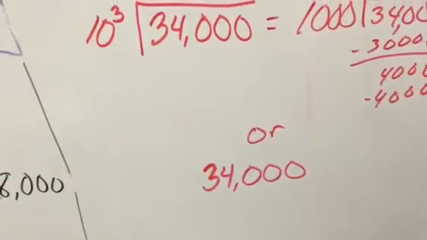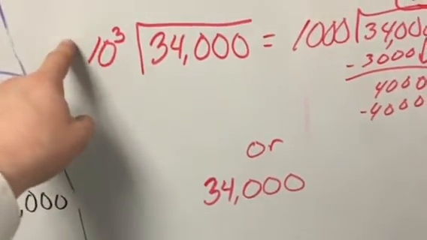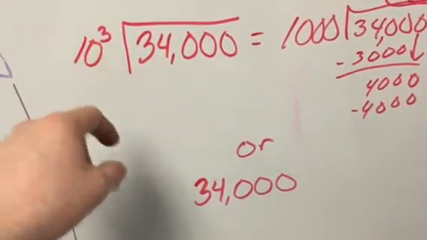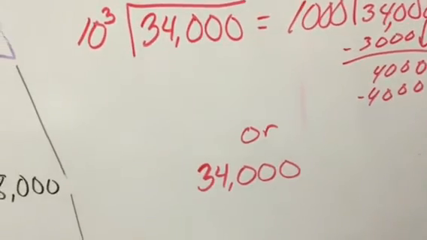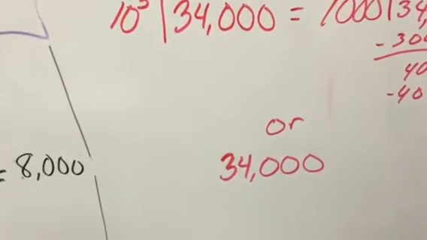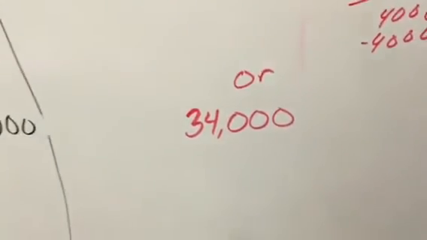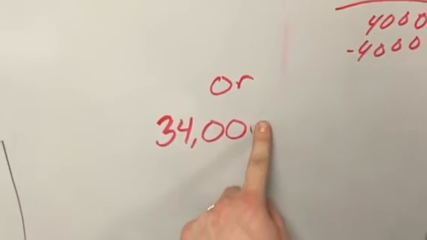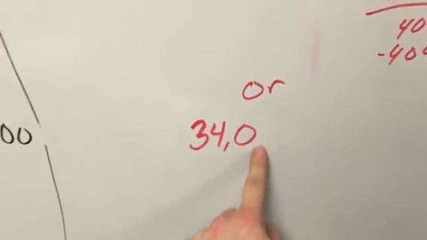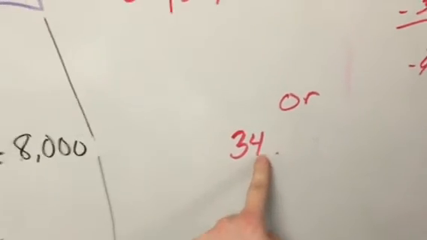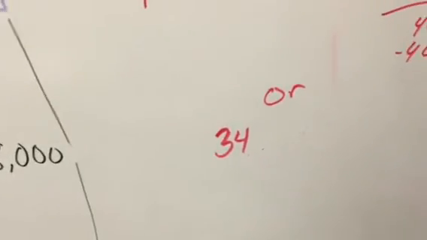But here's another way of doing it. I have 34,000 and I'm dividing, so I know I'm going to get a smaller answer. And I know I'm 3 steps away, so all I have to do is go 1, 2, 3, and I found my answer.